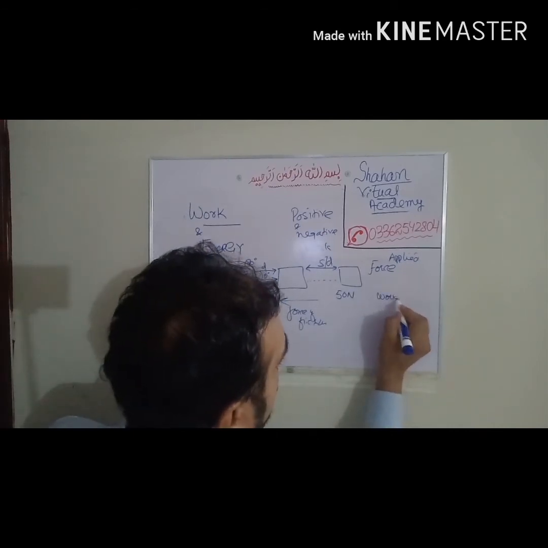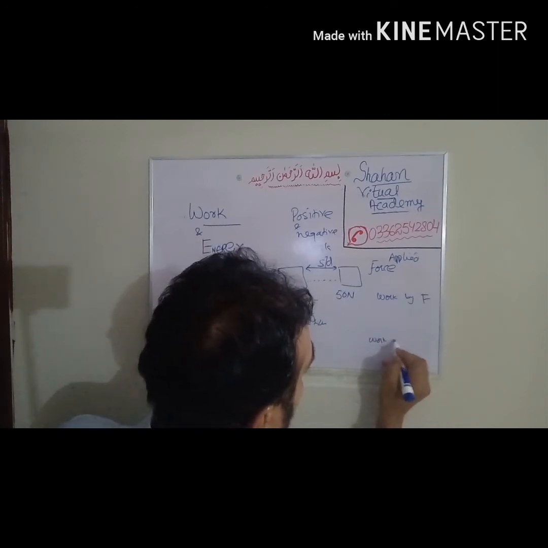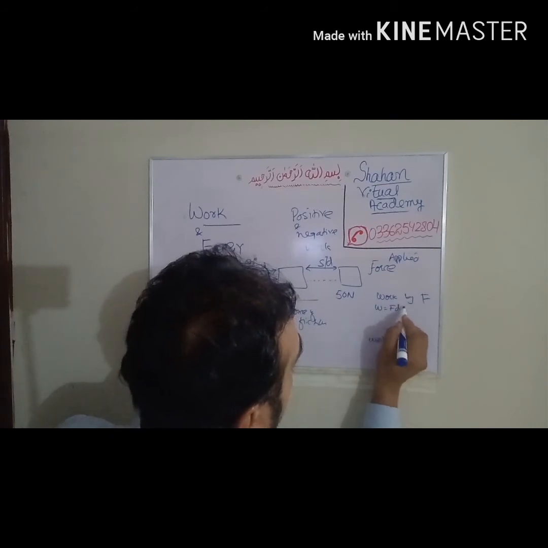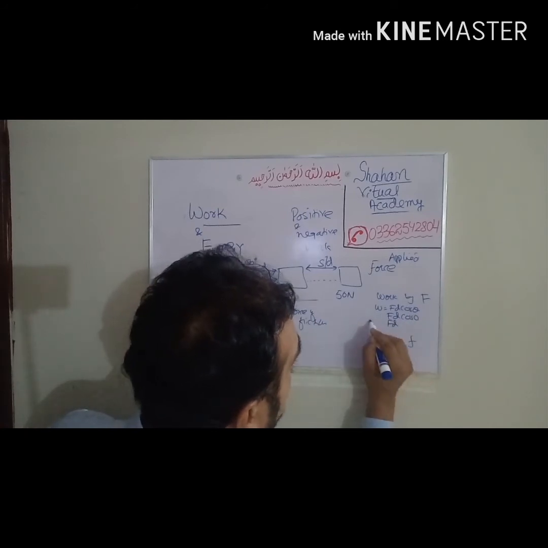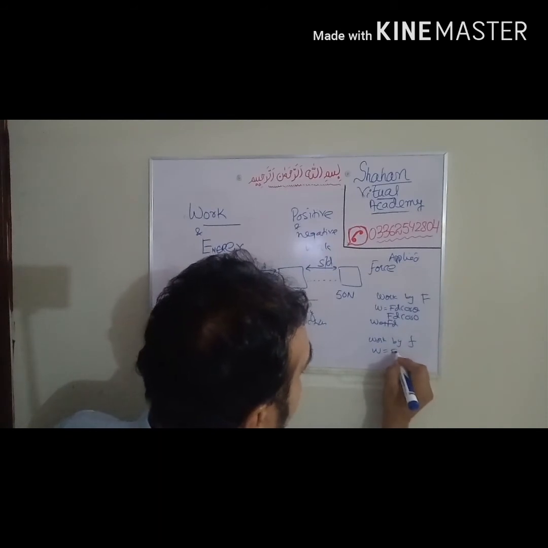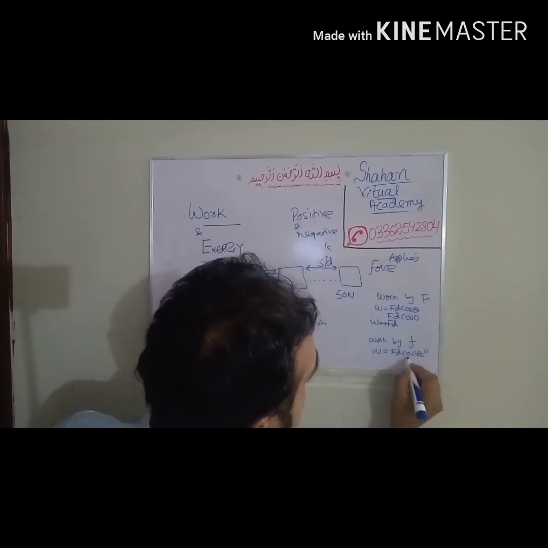Work done by the applied force F is F d cos 0, and F d cos 0 means F d is positive. For friction, it is F d cos 180 degrees.